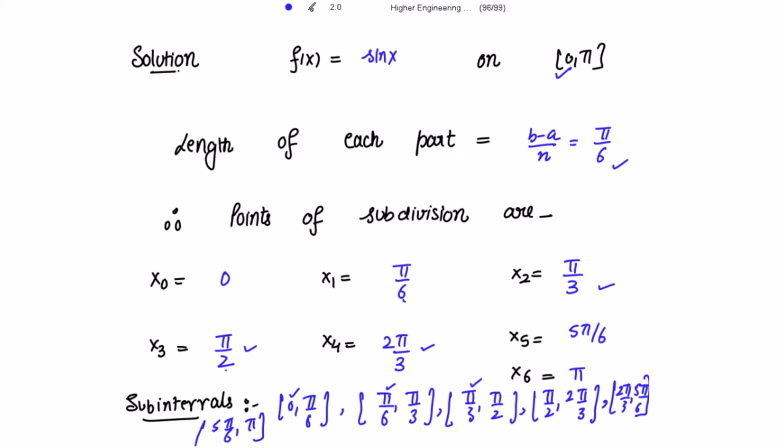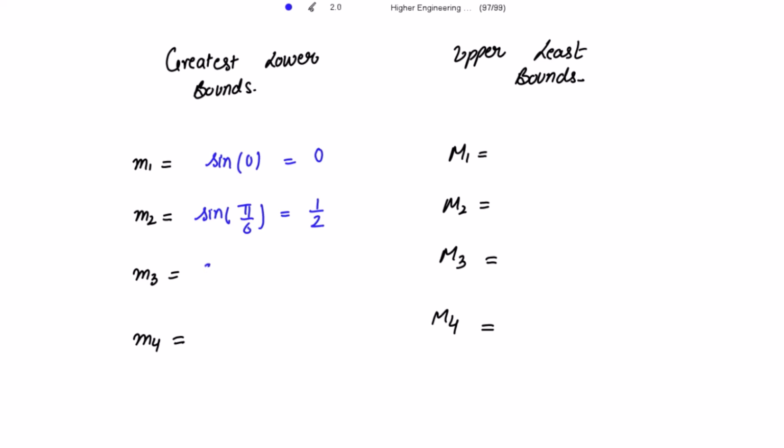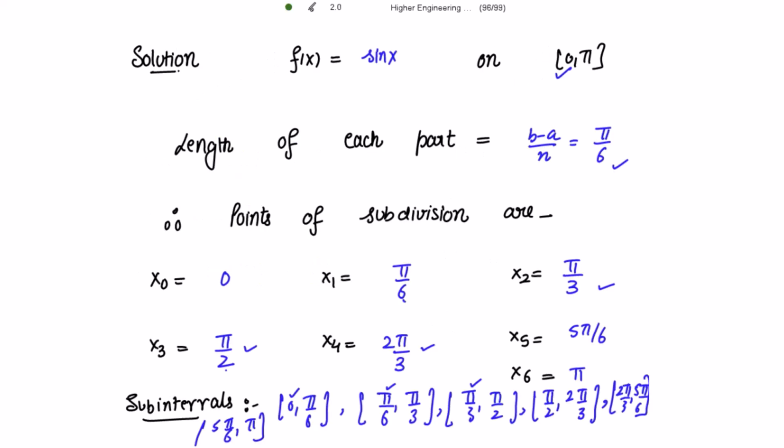Then taking pi by 3, sin of pi by 3 is equal to root 3 divided by 2. Now for the fourth subinterval, sin of pi by 2 is 1 and sin of 2 pi by 3 is square root 3 by 2. Which is the smaller one? Square root 3 by 2?